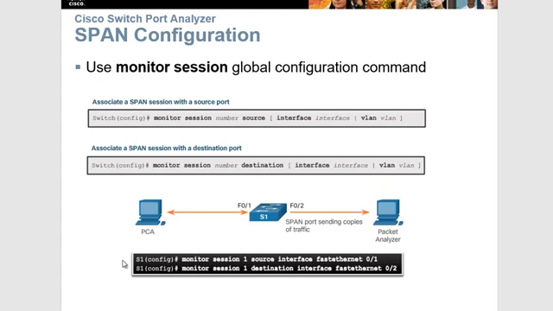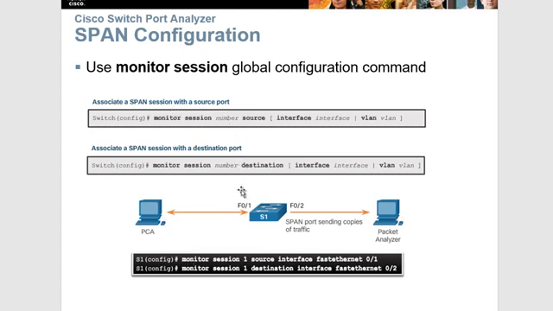Our goal here is to monitor the traffic between F0/1 and this PC-A, and have that sent to our packet analyzer over here. So we're just going to set up one source port in this situation, and set up a destination port. So we've got monitor session, some number, whatever session number you want this to be associated with.